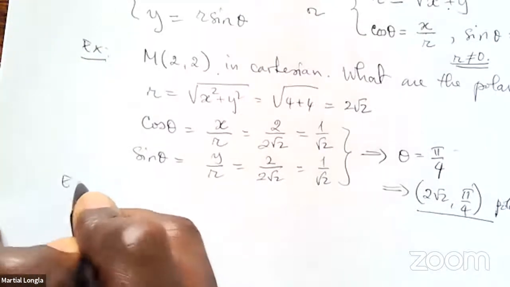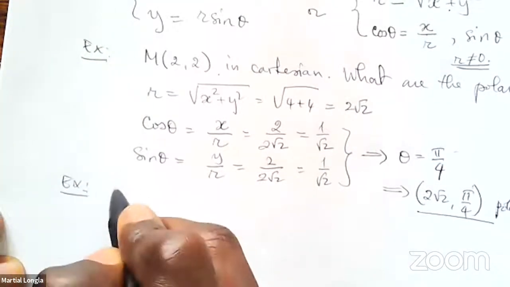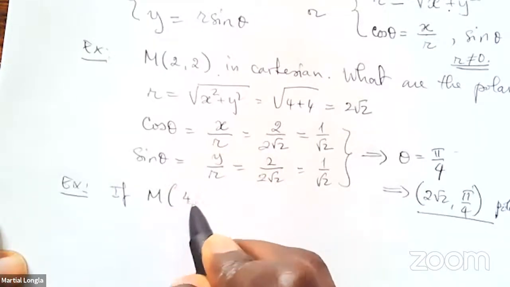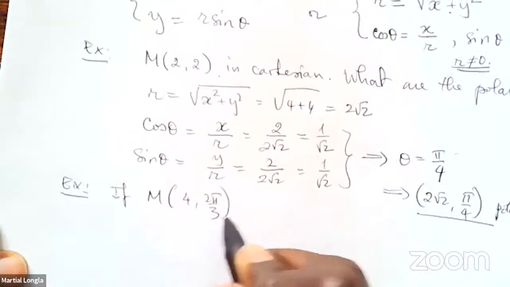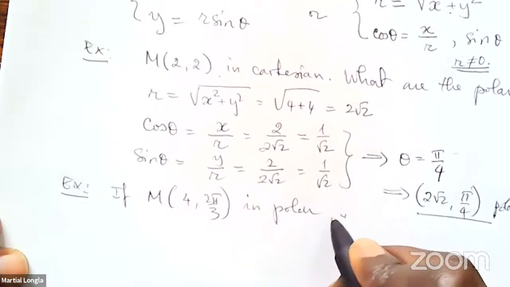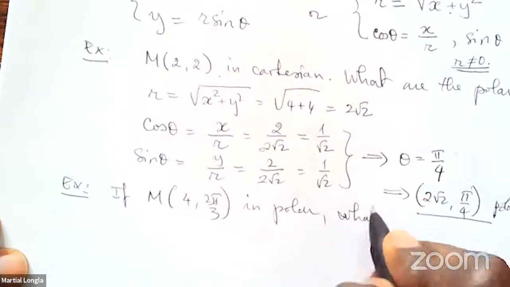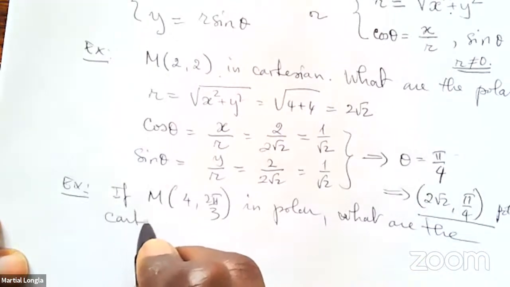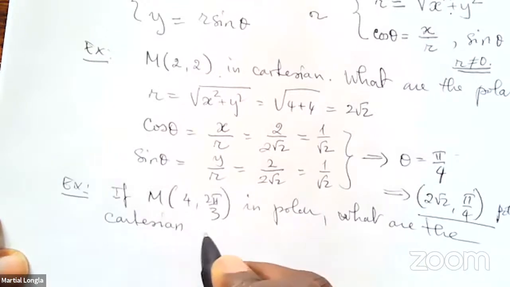And so in the opposite direction, if you have polar coordinates 4, 2 pi over 3, what are the Cartesian coordinates?